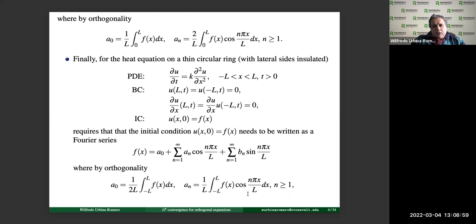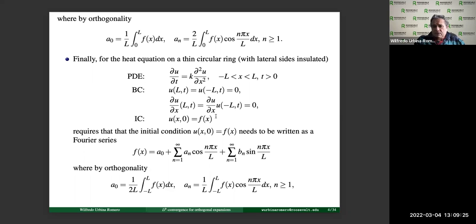And additionally, if you have a circular ring, you have conditions at the extremes where you put them together that have to be continuous, so the temperature at L and minus L has to match, and the flow between L and minus L also, you assume that is 0.